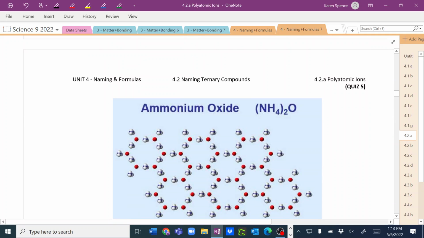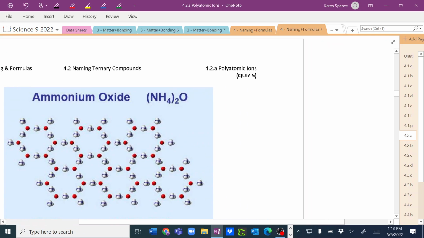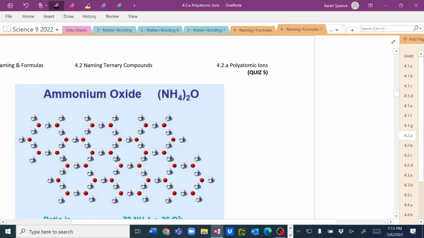Here is ammonium oxide. What is the charge of an oxide ion? Group 16. Tell your partner, what is the charge of an oxide ion? It is 2 minus.